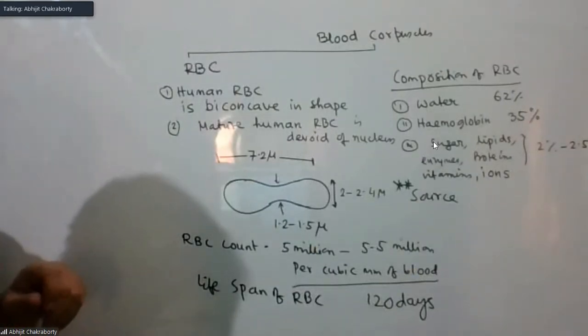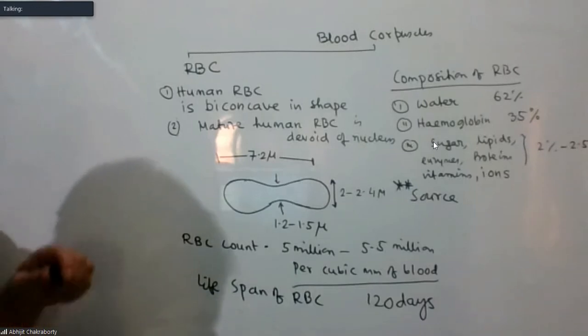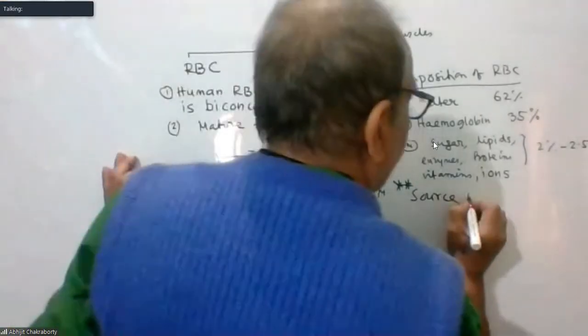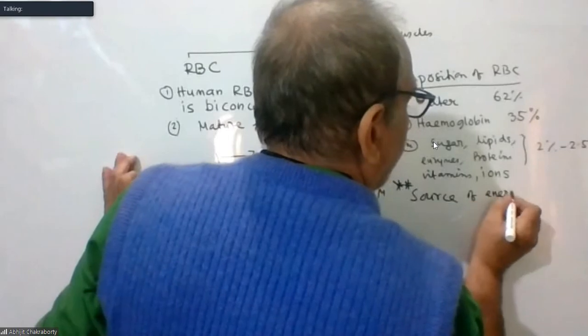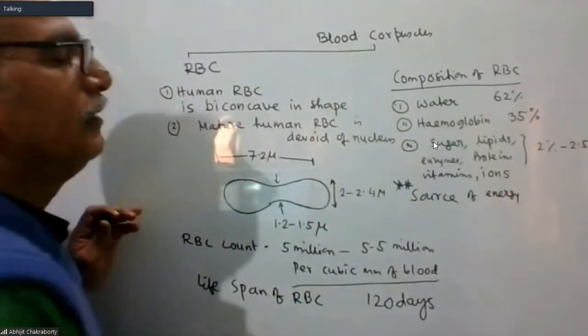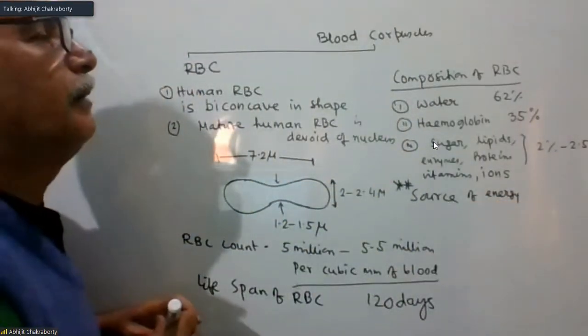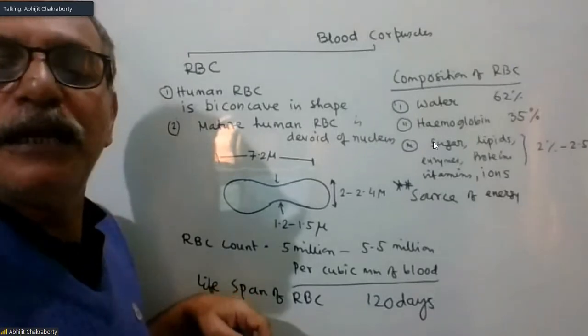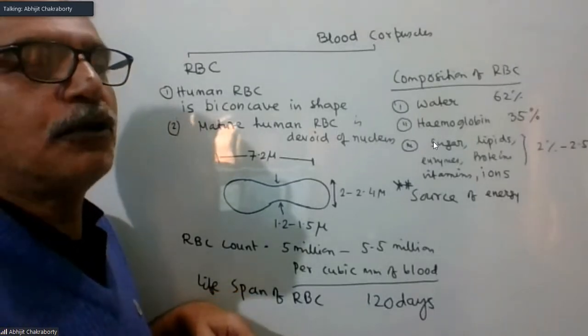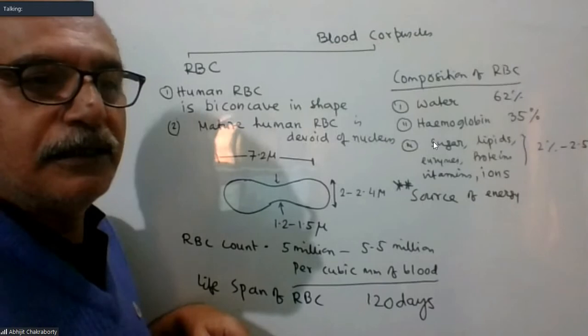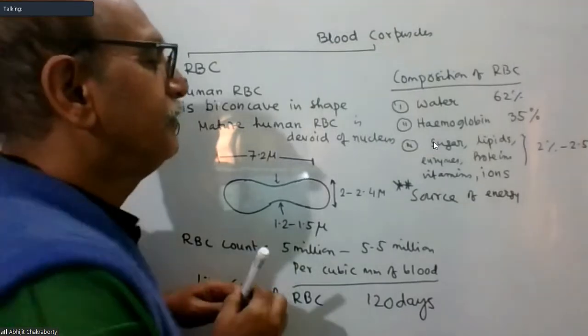Now, source of energy. Basically, RBC is devoid of mitochondria, so its source of energy is glycolysis only.